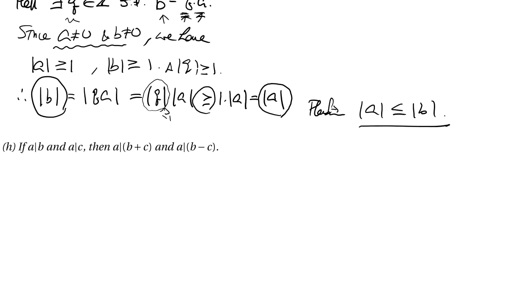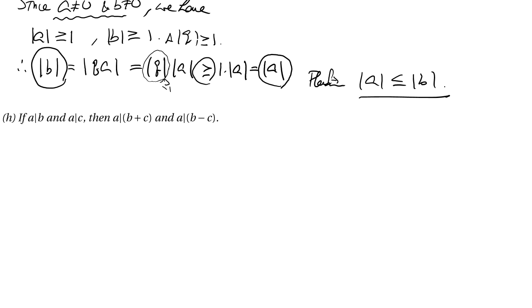Okay, let's look at the next one. A is a divisor of B and a divisor of C at the same time. Then A is a divisor of the combination of B and C by plus or minus. Okay? So let me just show the first case, and you do the second case. Okay? So let A be a divisor of B and A a divisor of C. Then, altogether, we already did this one.